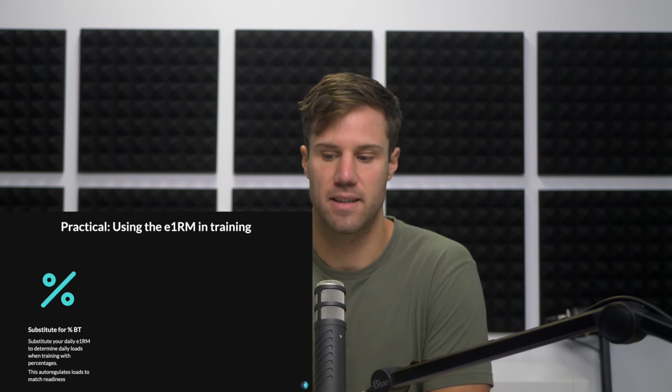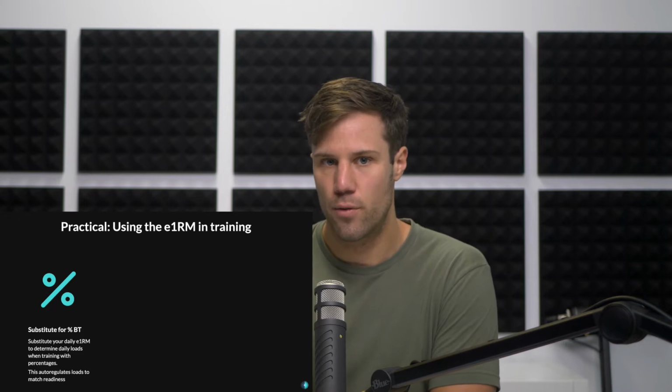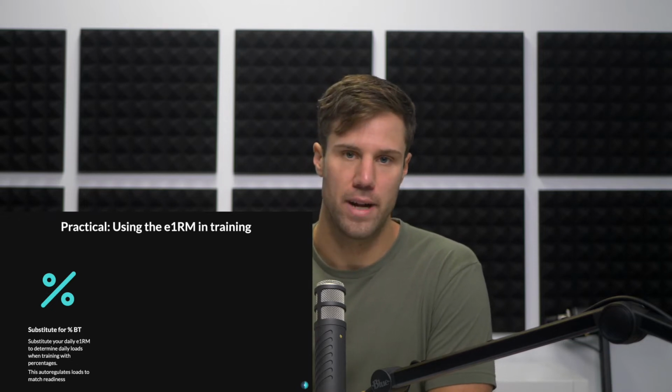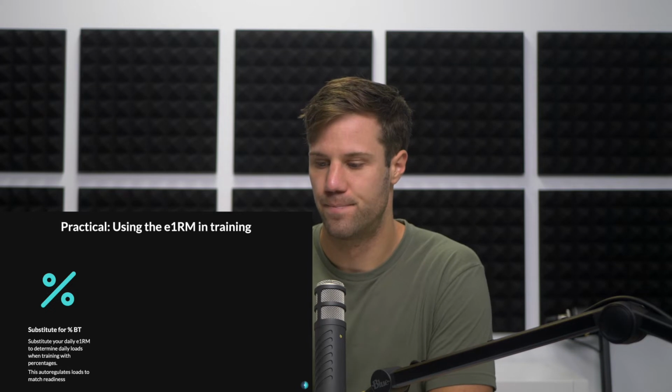Say I'm doing 3x5 today at 87%. Take today's estimated 1 RM, times that by 0.87, there's your load for the day. So that allows an autoregulation system that matches your readiness. Your 1 RM will change on a daily basis, and this matches that so your percentages are appropriate to today's strength levels.